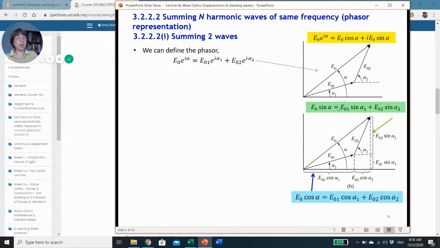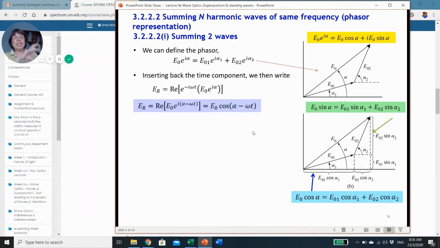The imaginary component is the summation of this and this. We insert back the time component, and we have the resultant wave being equal to taking the real part of that: E0 cosine (alpha minus omega t).